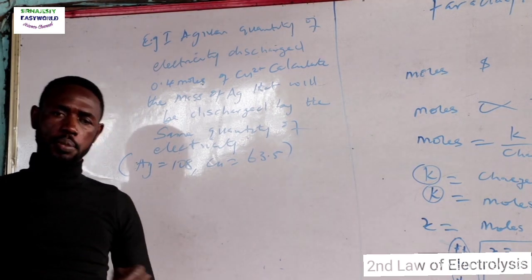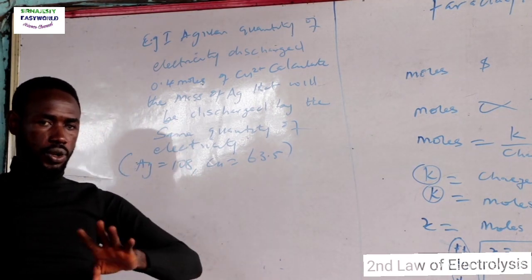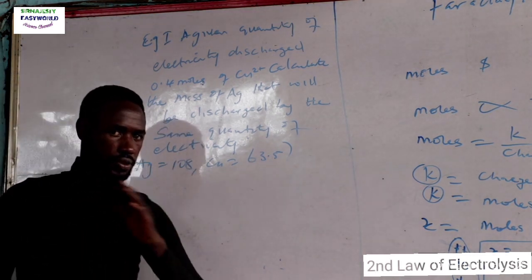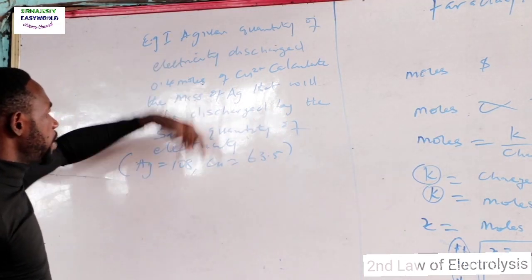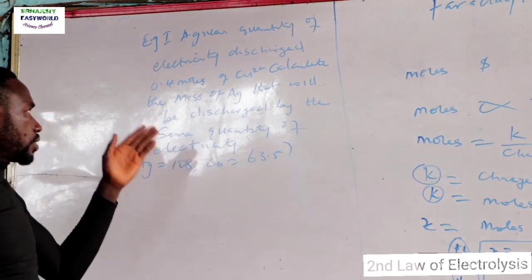How do you know it in exam? If you see 2 elements mentioned in one question with a figure given, know that they are asking you the second law. In the first law, they only mention 1 element, they may call it X. But when 2 or 3 elements are compared, it's talking about Second Faraday's Law.